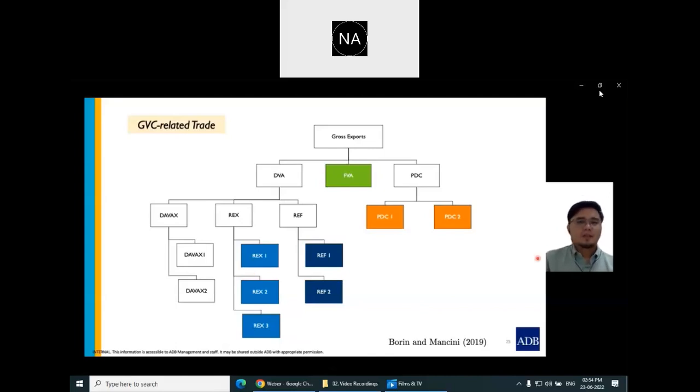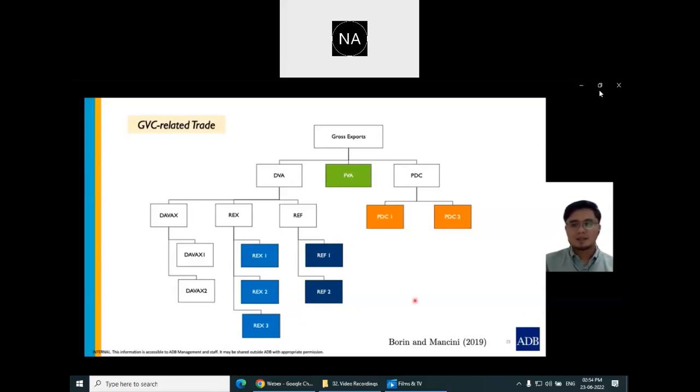Now recall this exports decomposition framework under Borin and Mancini. Trade-based GBC participation rate comes from the value-added trade accounting framework introduced by Borin and Mancini in 2019. DAVAX identifies the traditional type of trade. GBC-related trade includes all the traded items that cross at least two international borders before being absorbed in the final demand.